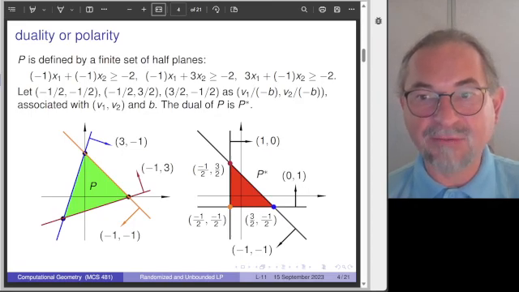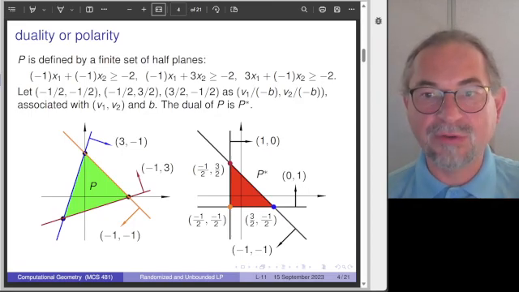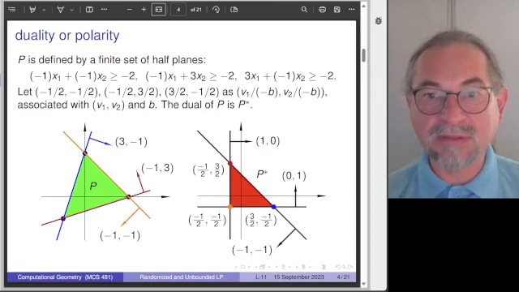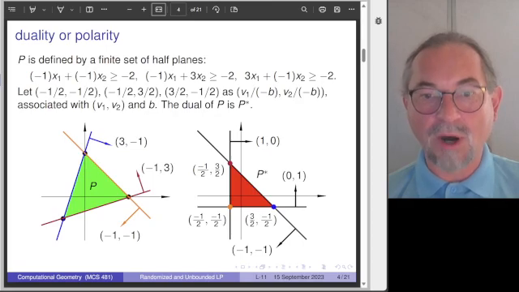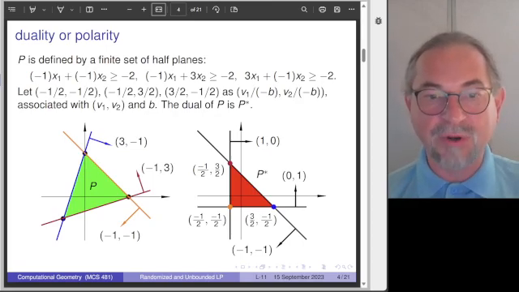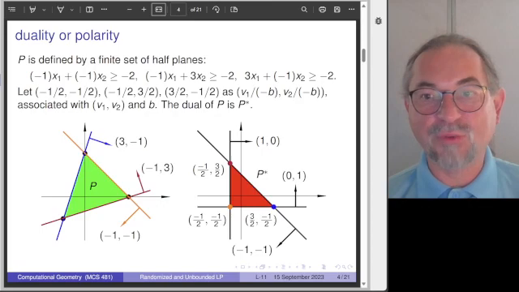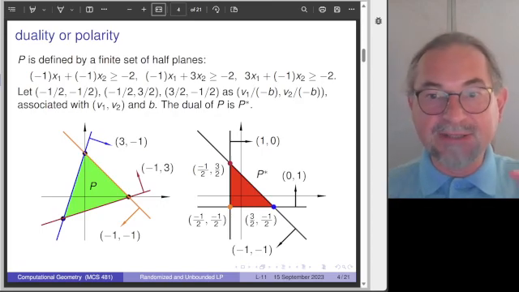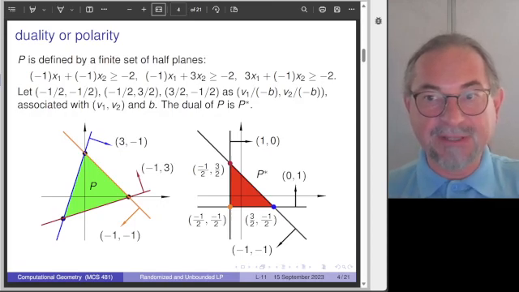We started out with the points (2, 0) and (0, 2). We see the inner normals (1, 0) and (0, 1). And we had the point (-1, -1), and this corresponds to the normal (-1, -1). So there is this shift that is happening.